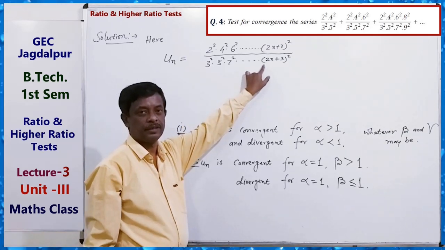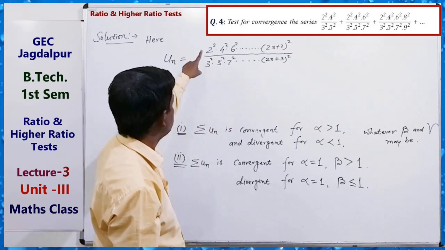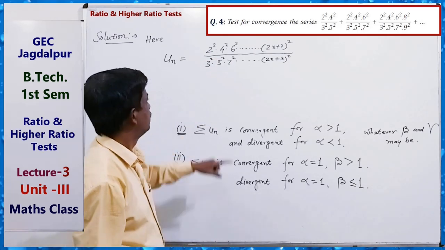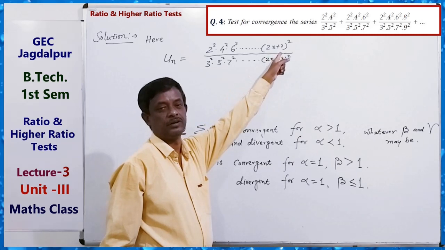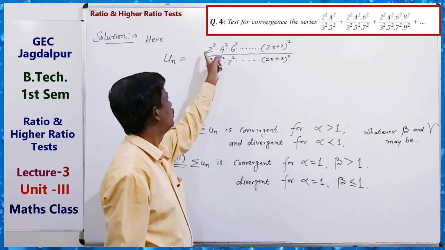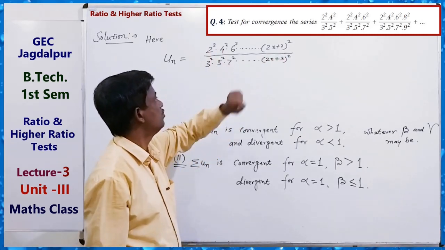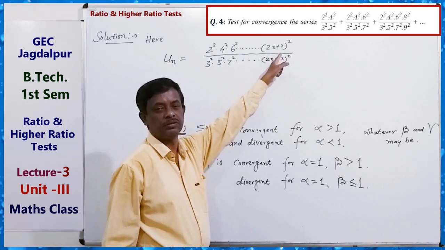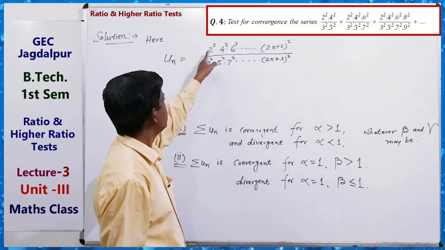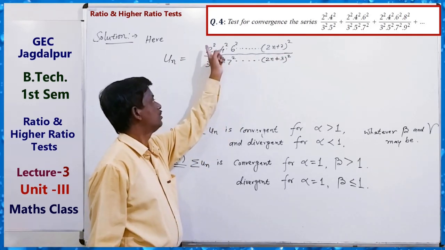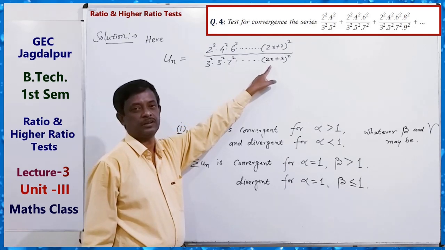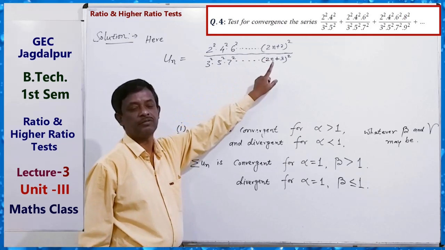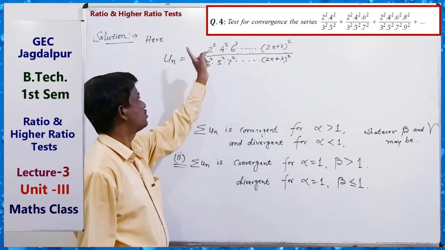Here, just see, if we put n equals to 1, then we are getting 2 square. Suppose n equals to 0, then 2 square, 3 square. If n equals to 1, 4 square, 5 square. So 2 square, 4 square, 3 square, 5 square.